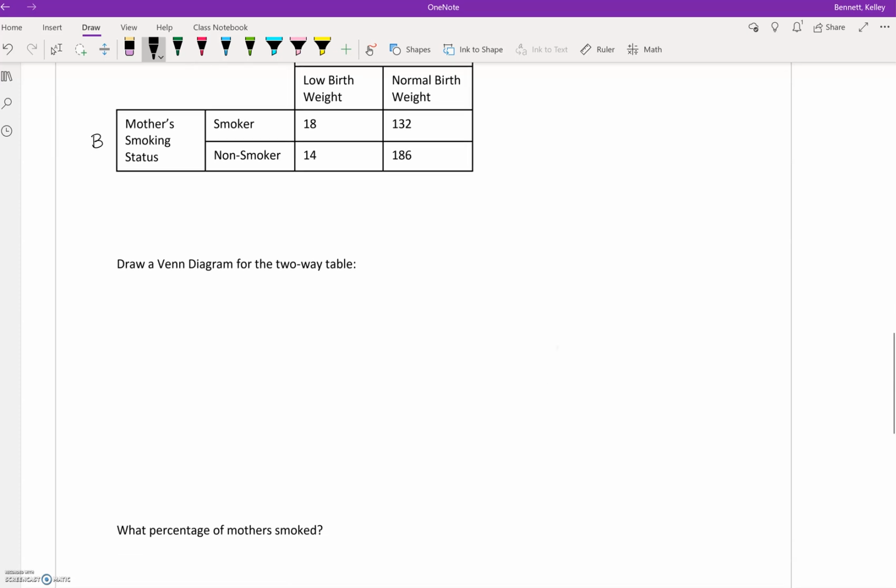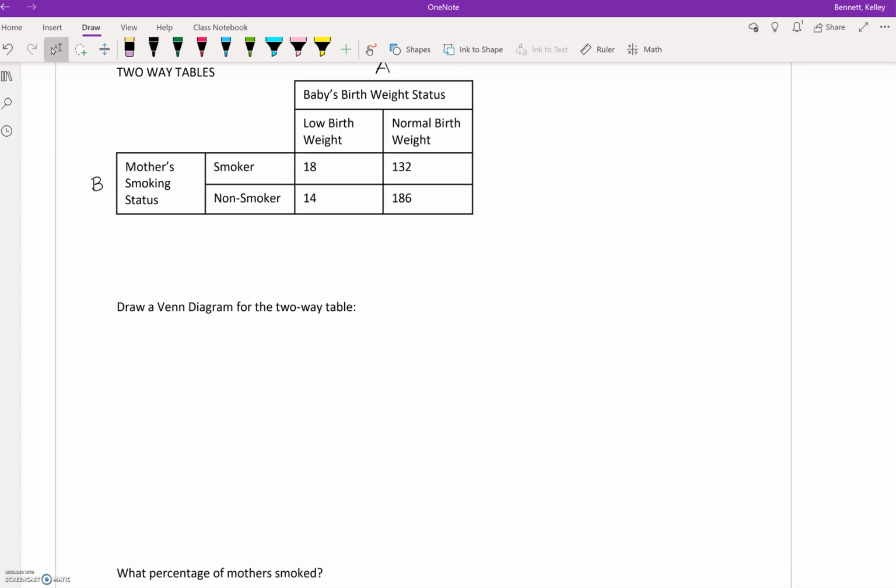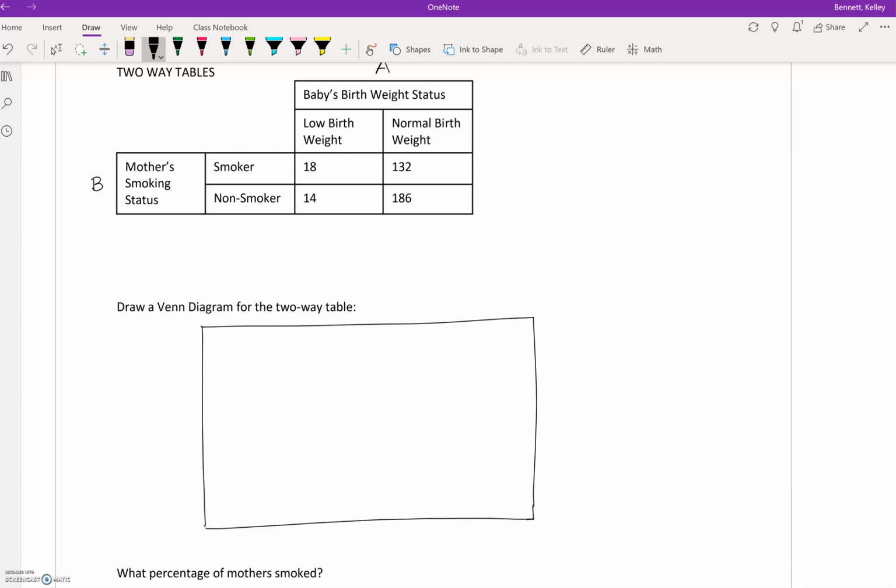Basically what you want to do is draw a Venn diagram for this. Think of it like this. Here's your universal set. This is everybody that was polled, your environment. Then you have one set that's going to represent the mom smoking or not, and the other set is going to be represented by the baby's birth weight.